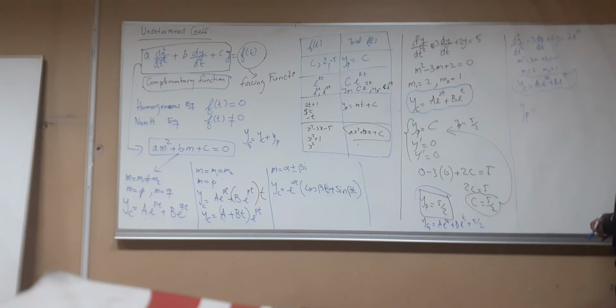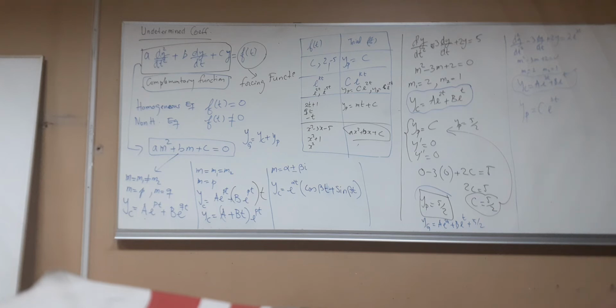Now the problem will be yp. Here I have my trial function; my forcing function is an exponential function. The law says it's going to be c e to the power kt. But here, instead of k, we have to put exactly what was there, so it's going to be c e to the power 3t.